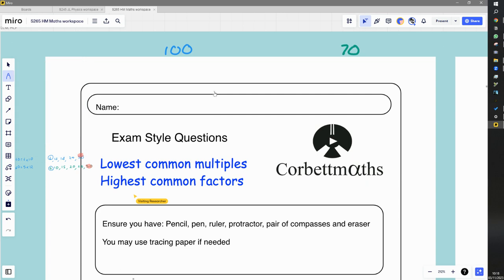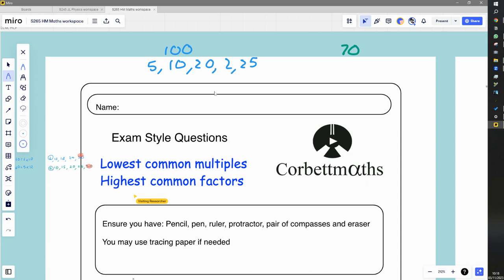So, in other words, 100 can be divided by 5. So 5 would be a factor of 100. It can also be divided by 10, 20, 2. We try to put these in order if we can, but it doesn't matter too much. It also can be divided by 25. All these are factors.